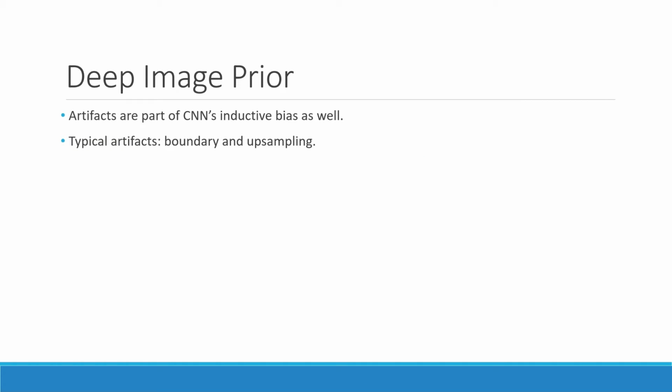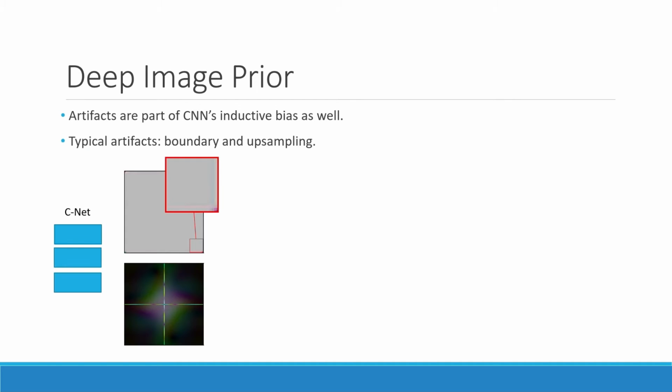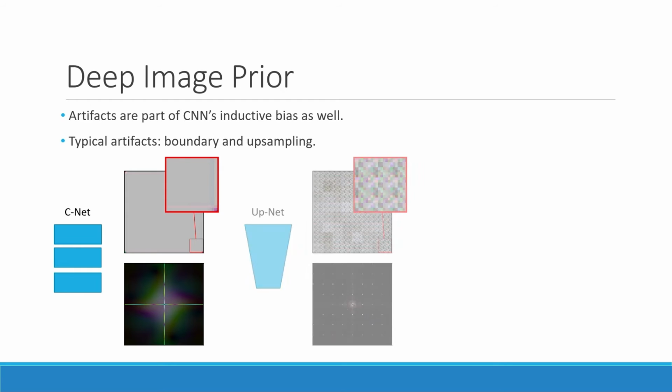We take this idea further and we optimize various CNN architectures with a blank gray image. The first architecture is CNet. This model contains only convolutional layers and padding. Here we may see that after optimization and looking at the residual, this model produces boundary artifacts that are a result of padding.